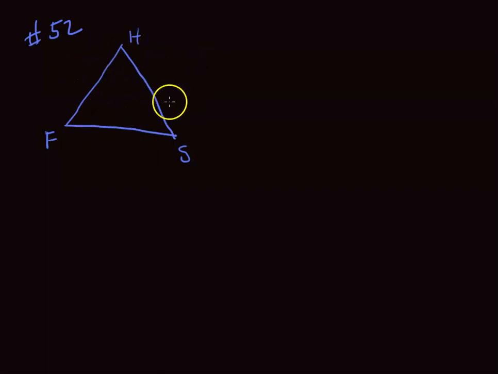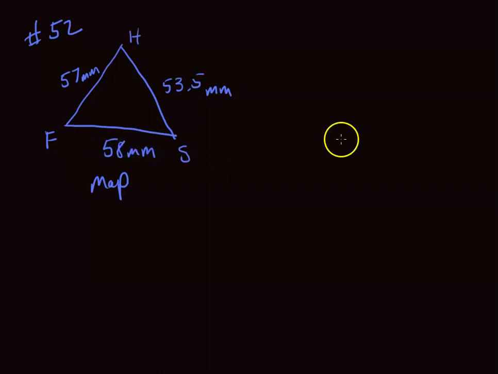Now, on a map, they measured and find this bit to be 57 millimeters, this to be 53.5 millimeters, and this to be 58 millimeters. In real life, I don't know which one's actual.